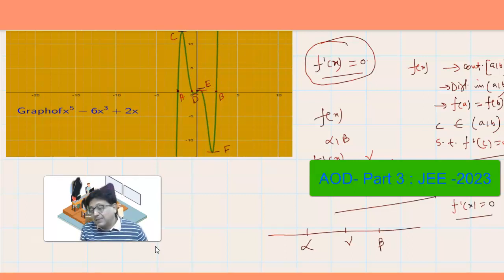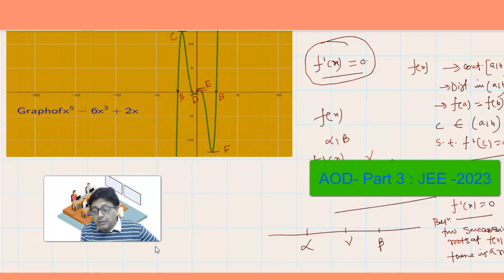So between two successive roots of fx equal to 0, there is a root of f dash x equal to 0.